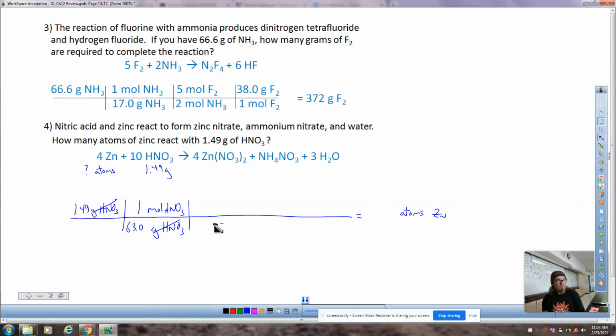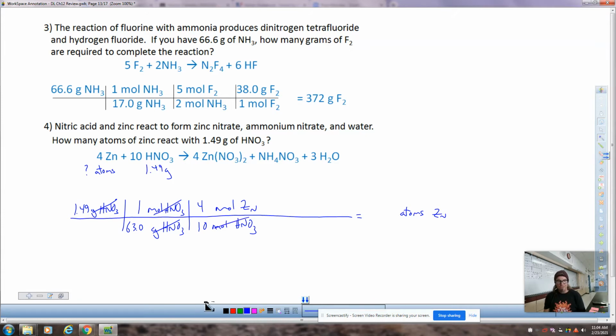Now that we've done that, we've effectively gotten out of the units of grams of HNO3. We're into moles of HNO3, which means we can now head to our balanced equation and switch substances between moles of HNO3 and moles of zinc. That was a 10-to-4 ratio. That's an odd one, but it is what it is.